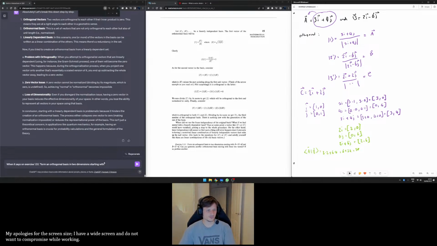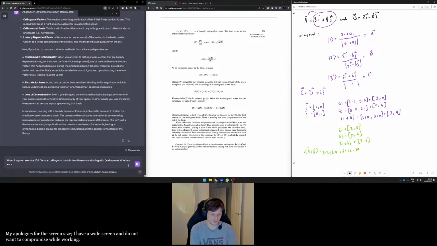So when it says form an orthogonal basis in 2 dimensions, starting with A, and assume all letters are vectors with hats on them. A equals 3i plus 4j.